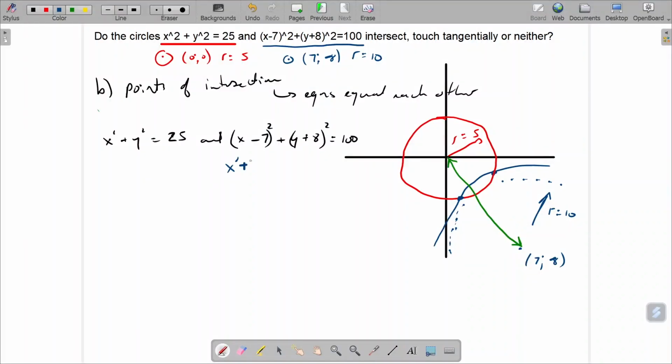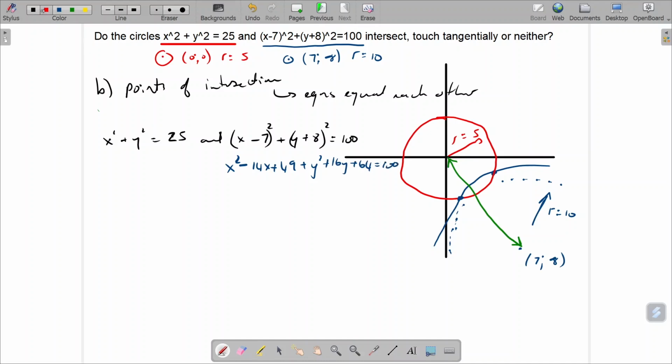Again, what I'm going to choose to do in this case is write the second equation in expanded form: x squared minus 14x plus 49 plus y squared plus 16y plus 64 equals 100.